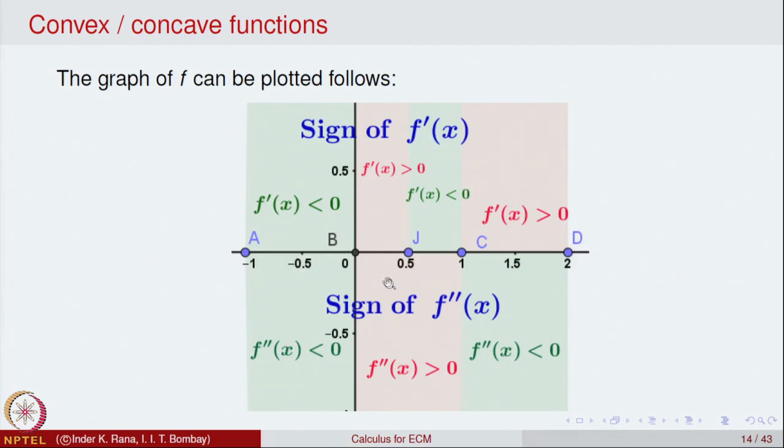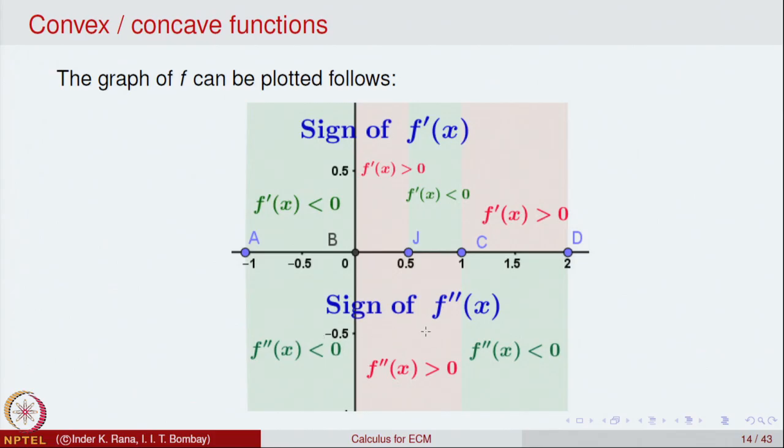For the second derivative, when we plot the signs, what is the sign of the second derivative? The second derivative is strictly less than 0 in the interval 0 to 1. So, that means the function is concave up, right, and concave down and so on.